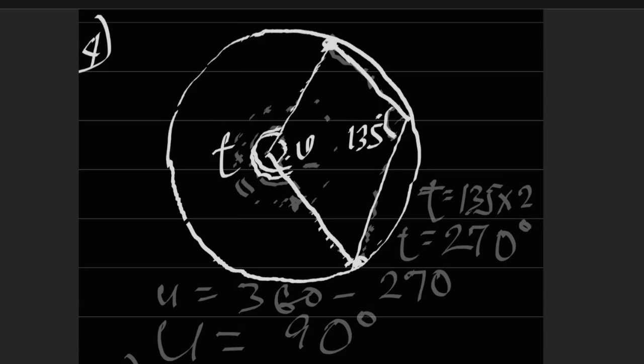This is the takeoff point, this is the landing point. While angle 135 also took off from here, formed an angle at the circumference, and landed there. So they have the same takeoff and landing points. But the direction angle U is facing is down, while angle 135 is facing up. That's the difference they have. So since the direction is not the same, we cannot use angle at the center is twice angle at the circumference.